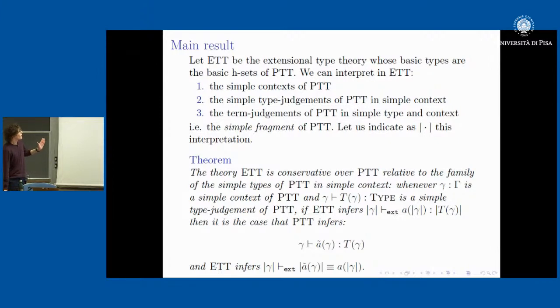And now we can interpret the simple type judgments of PTT inside ETT. We can interpret the simple contexts, the simple type judgments in simple contexts, and the term judgments of PTT of some simple type in simple context. Let us call these three points the simple fragment of PTT from now on.